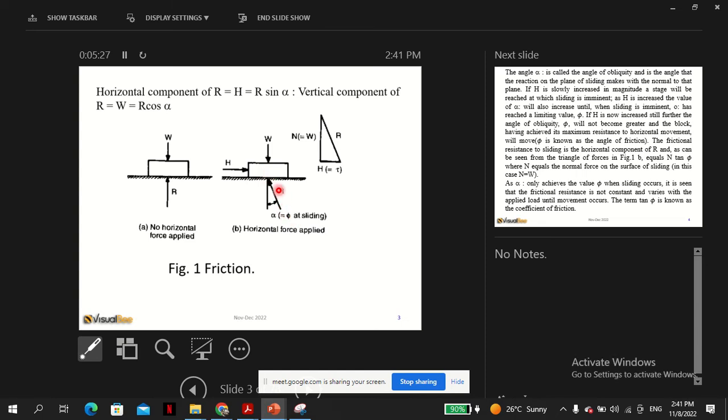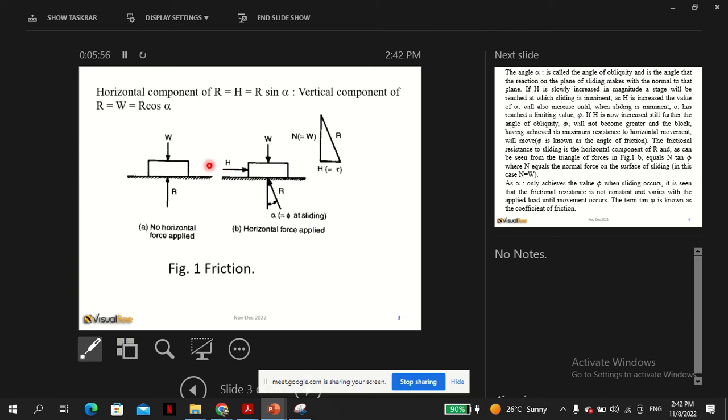So I need you to think that this H, if the block is not moving, of course the R is the root of W squared plus H squared, okay, if the block is not moving. But now I need you to think, so the friction angle is akin to the alpha value when H is just about to move.